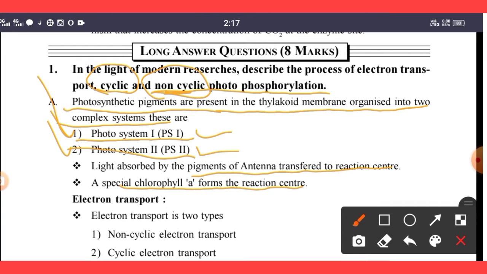Now let us discuss electron transport. Electron transport is of two types: non-cyclic electron transport and cyclic electron transport.